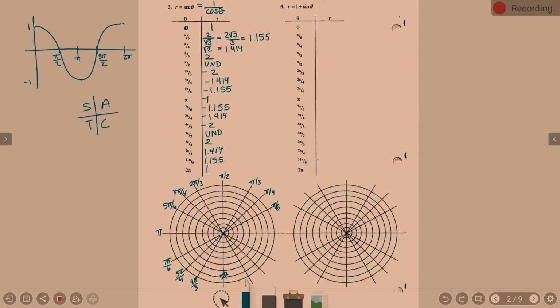We're doing thirds, so 5 pi over 3, 7 pi over 4, 11 pi over 6, and that's 0 and 2 pi.